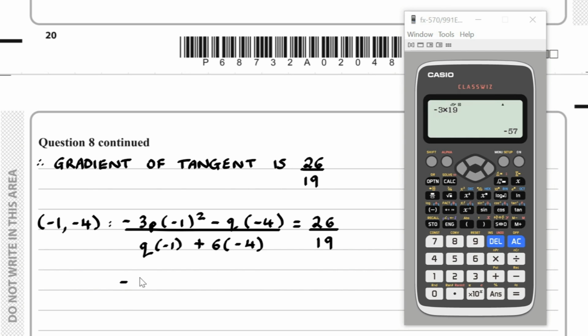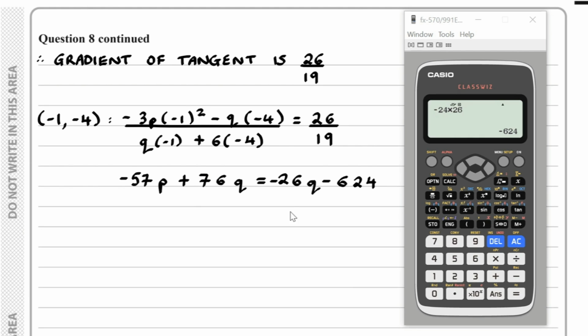So we've got -57p, and then here -4 times by -1 times by 19, that's 76q, this is equal to -26q, and then we've got -24 times by 26, which is -624.